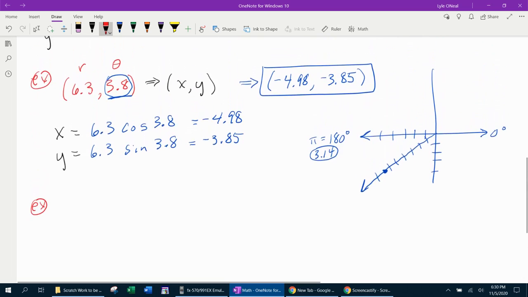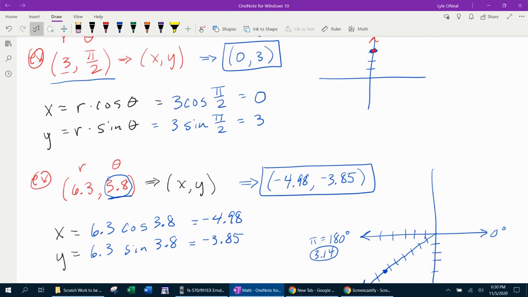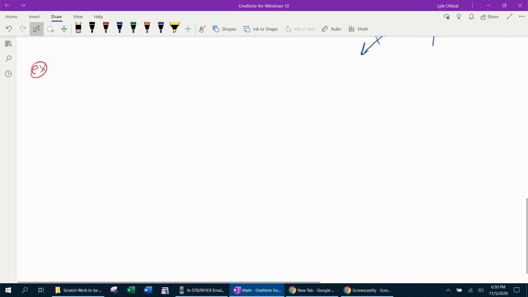Now, if you're keeping track of what we've done, we just completed doing 2 examples of polar to rectangular. Guess what we're going to do next? You got it. We're going to do rectangular to polar. So for this example, they're going to tell us rectangular coordinates are given, find the polar coordinates. And since they tell us rectangular coordinates are given, that means that we have an x and a y.